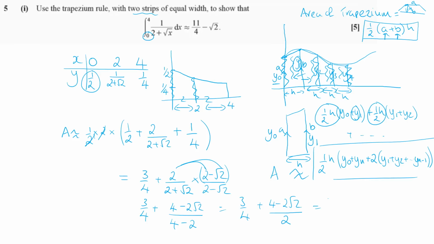So this will be 3 quarters plus 4 over 2 minus 2 root 2 over 2, and they will cancel. 3 quarters plus 2, that's 11 quarters. Now that's going to be 11 quarters minus root 2, which is what we're trying to get to.